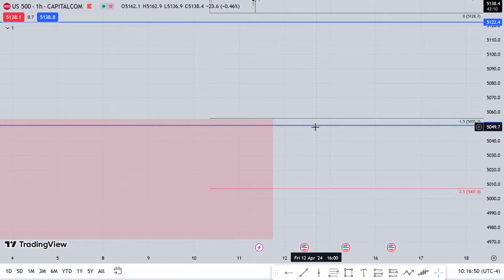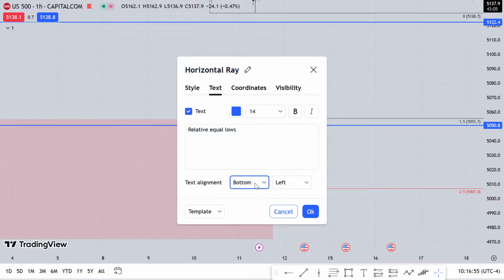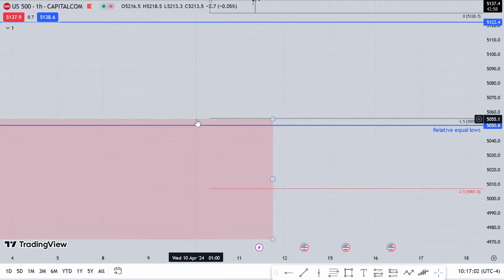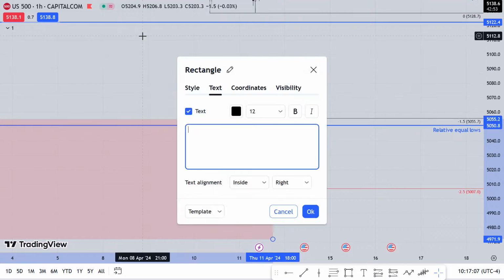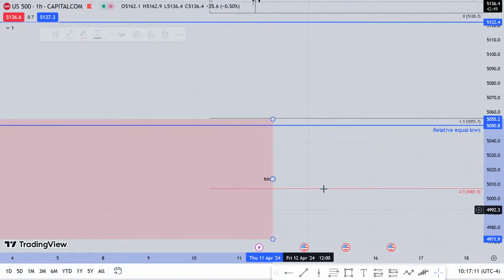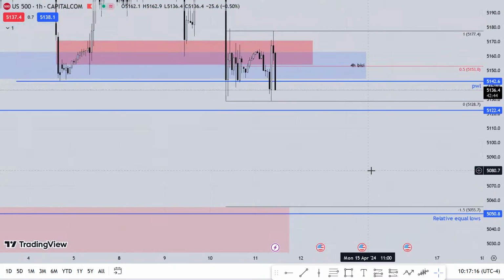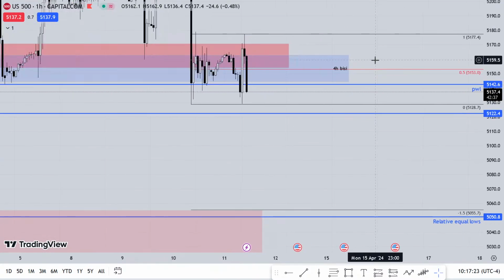This is the relative equal lows from the 4-hour time frame, and it corresponds with this BC that we outlined here from the 4-hour. So this is a swing projection. It's a swing projection model.